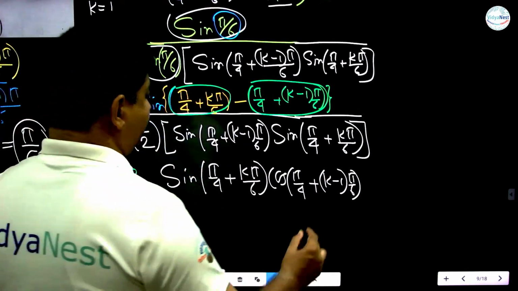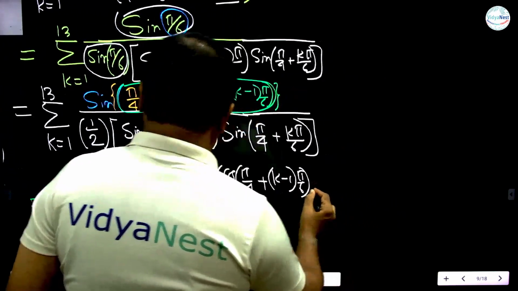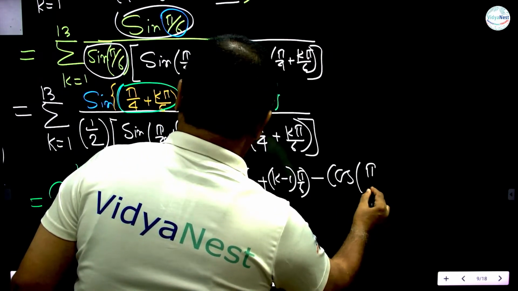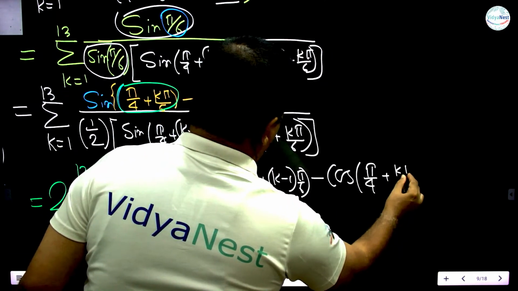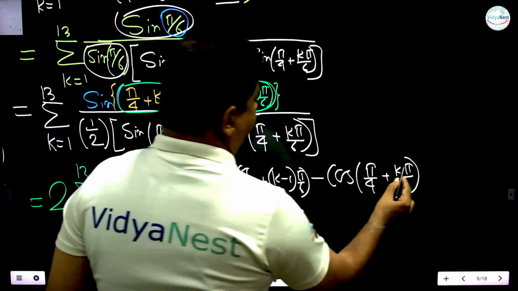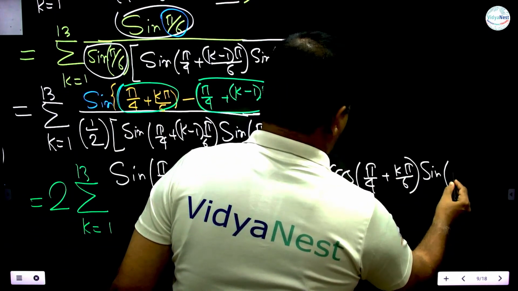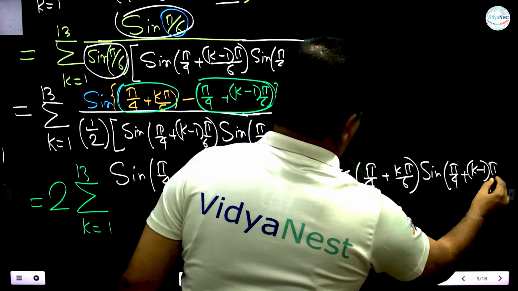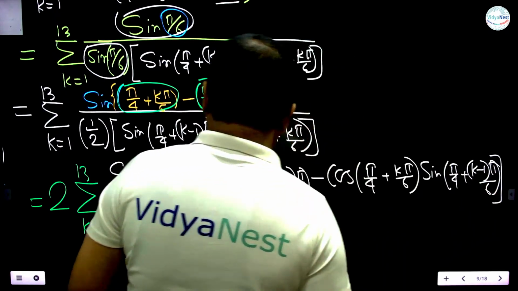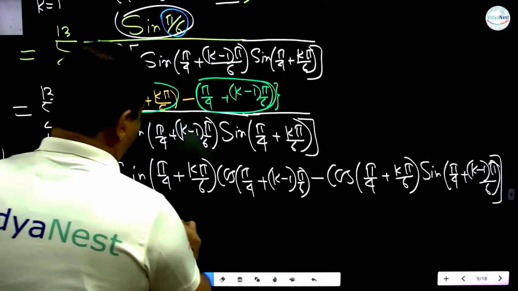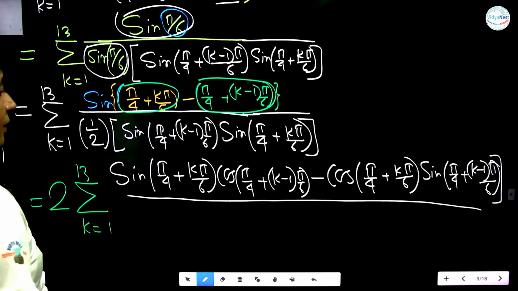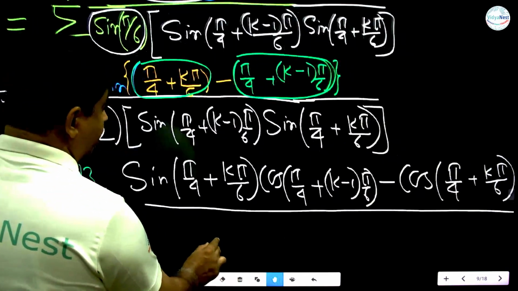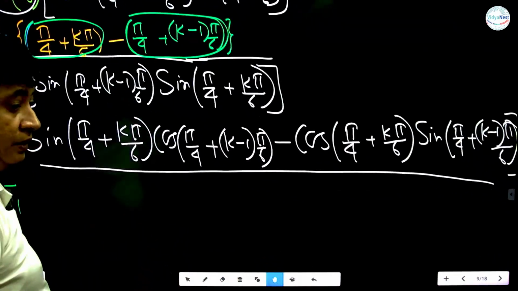Sin a cos b minus cos a sin b. डिनोमिनेटर में जो है वो इंटैक्ट रह गया. ठीक है, इज इट क्लियरली विजिबल?